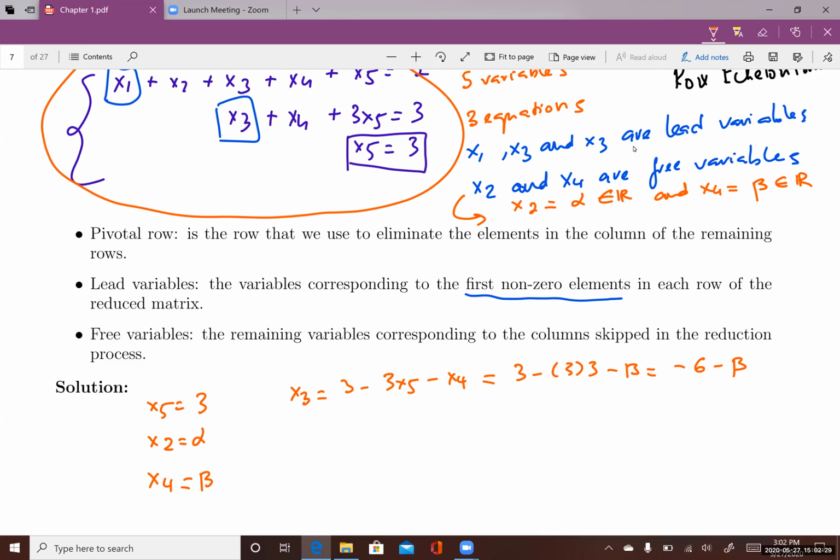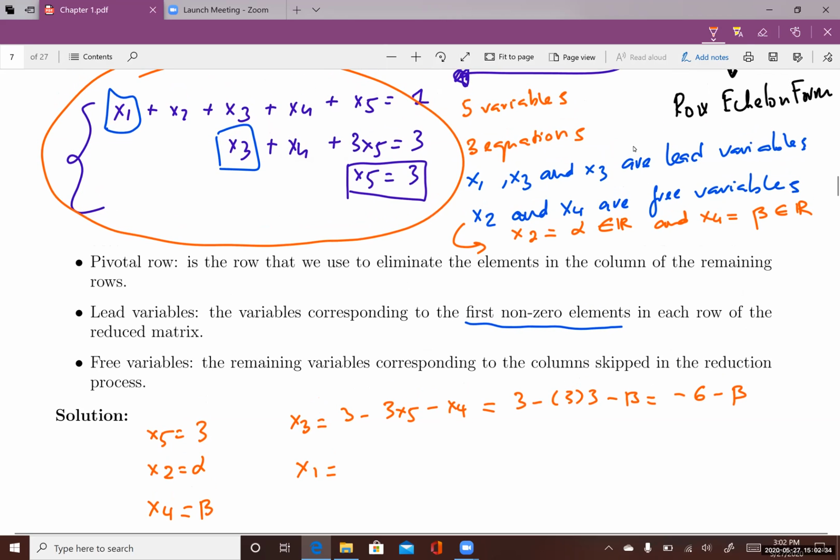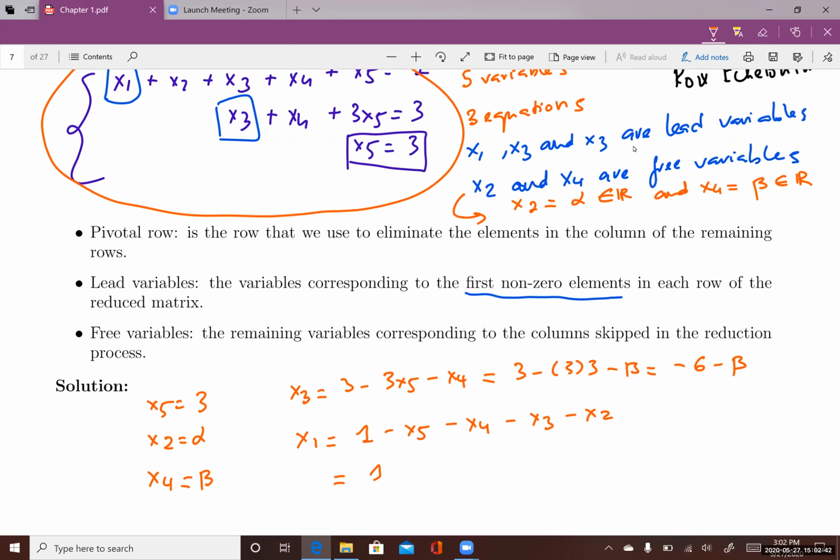How about x1? x1 equals 1 minus x5 minus x4 minus x3 minus x2, which equals 1 minus x5, which is 3, minus x4, which is beta, minus x3, which is negative 6 minus beta, minus x2, which is alpha.